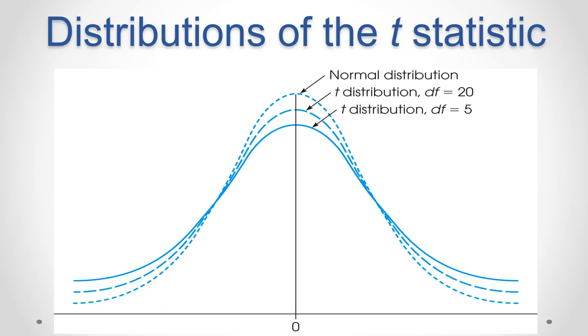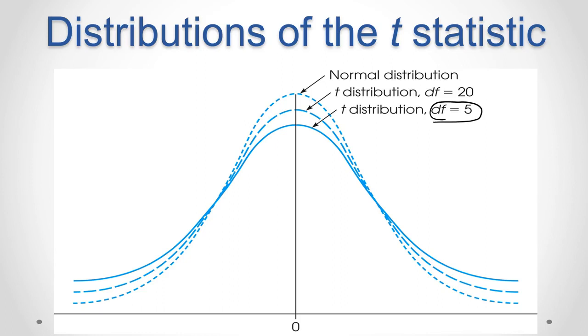As you can see in this picture, t distributions are related to the standard normal distribution. Like the normal distribution, t distributions are bell-shaped, symmetrical, and have a mean of 0. However, t distributions have more variability, indicated by the flatter and more spread out shape.